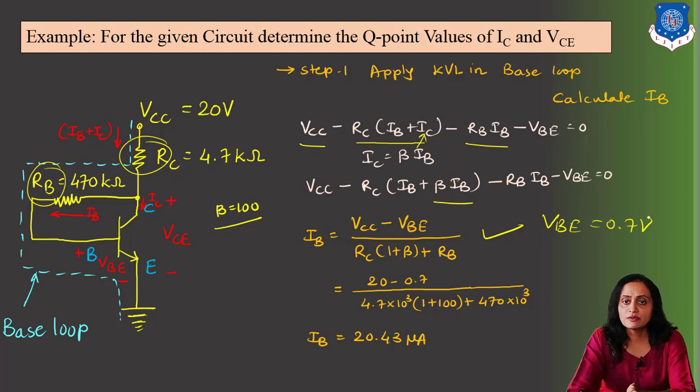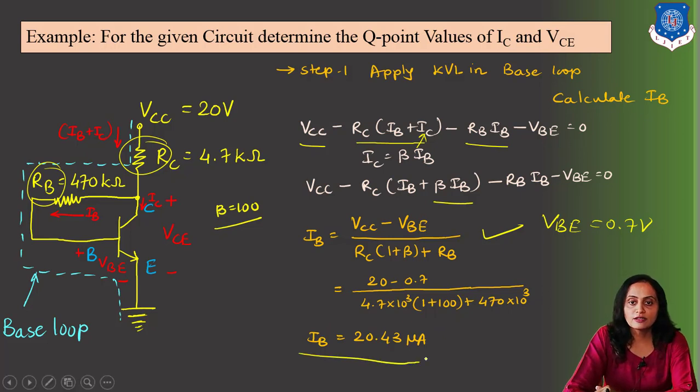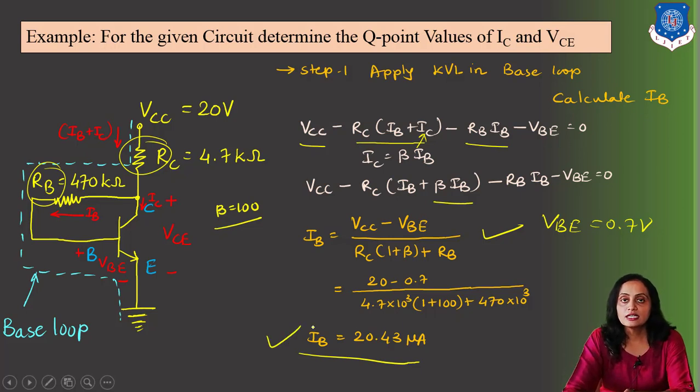Dear student, this VBE will not be given anywhere in the data, so you just have to place the value of VBE as 0.7 only. RC is 4.7K, beta is given as 100, and RB is given as 470K. If we do the calculation, we get the base current of 20.43 microampere. Remember that base current will be mostly in the microampere only, because base current is very small.